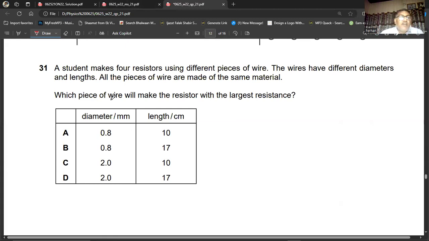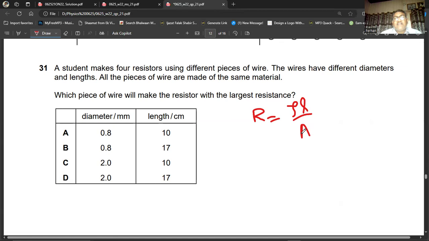Okay, so here we have the diameter. I can find the radius, then I can convert this into centimeter, and here we have the length. The resistance of a wire is equal to the resistivity multiplied by the length divided by the cross-sectional area.